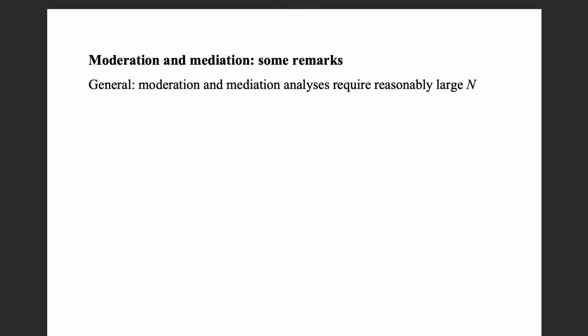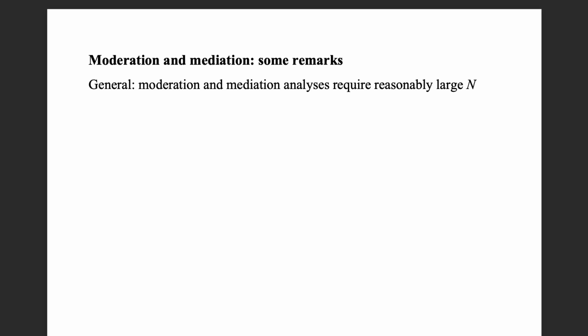There are a couple of general remarks I want to make. If you go out into the real world and do moderation and mediation analysis, you should be aware that we are talking about quite complicated models, which will tend to also try to estimate effects that tend to be quite small. Interaction effects tend to be a bit smaller than the normal regression effects that we are normally interested in.